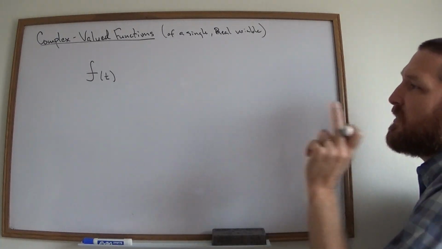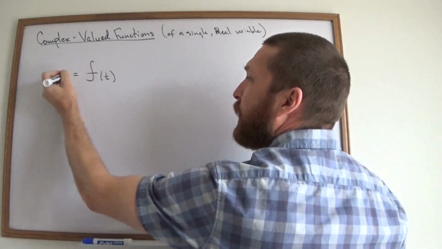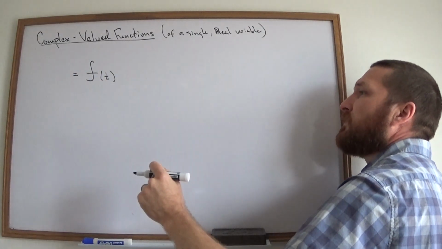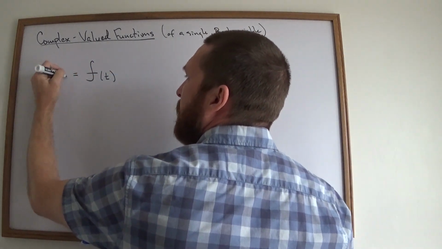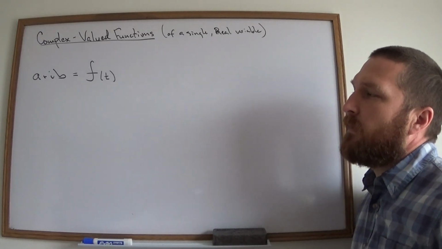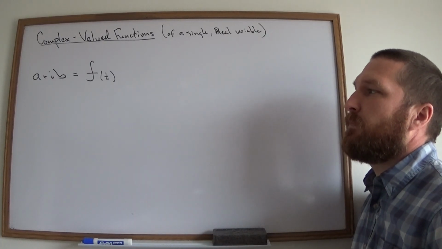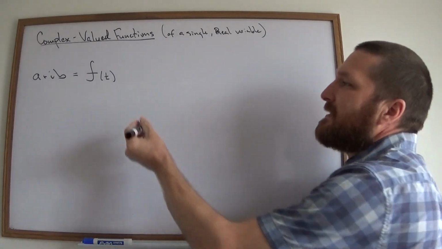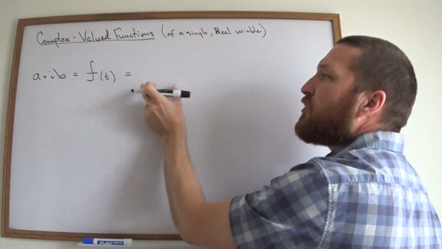We're talking about your input is a single real variable, and your output, you plug a real variable into your function, and what pops out but some complex number, a plus, say, i b. Okay? So you give me some t, I do some magic to it, out pops a complex number, a plus i b. Well, each one of these can be seen as actually two functions.